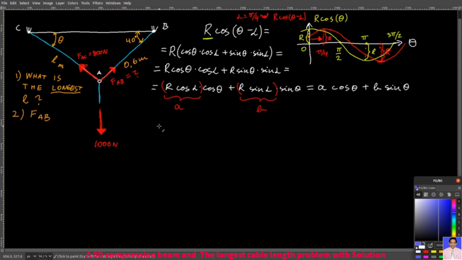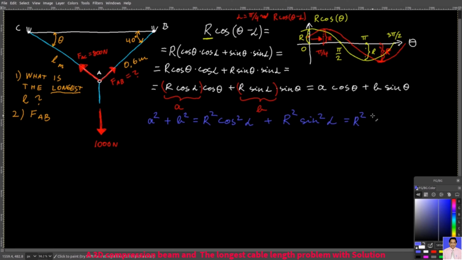Then what I will do next, I will write A squared plus B squared. If I do that, then what would it be in terms of r and alpha? Well, I will have r squared times cosine alpha squared plus r squared times sine alpha squared.